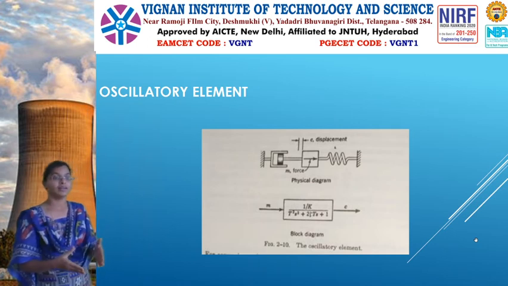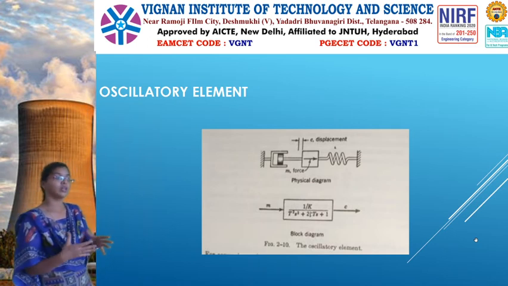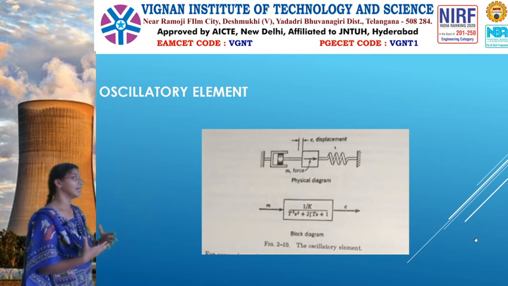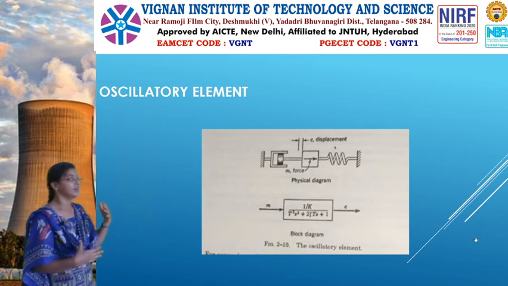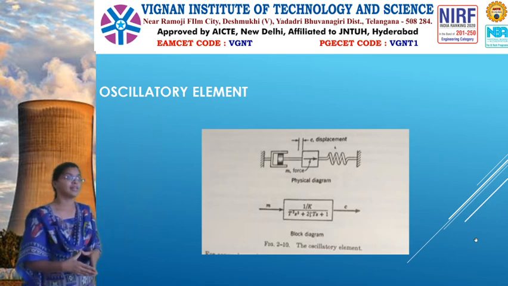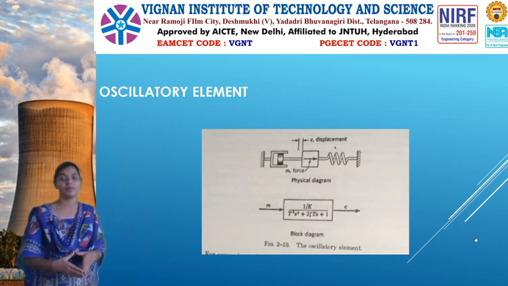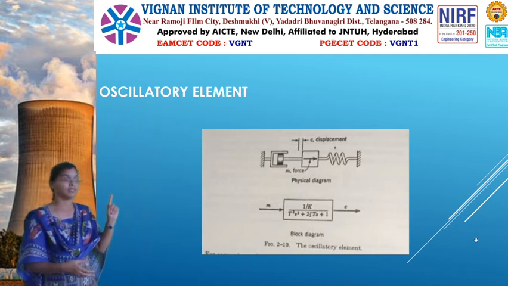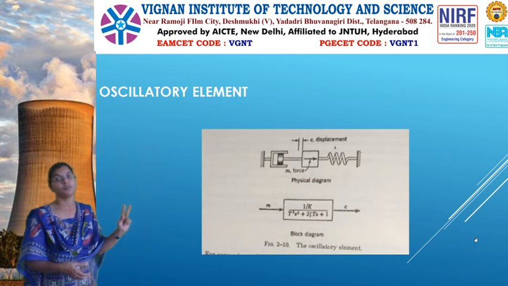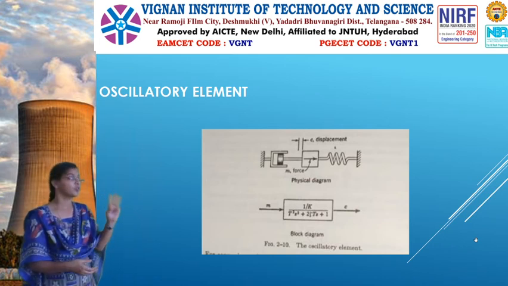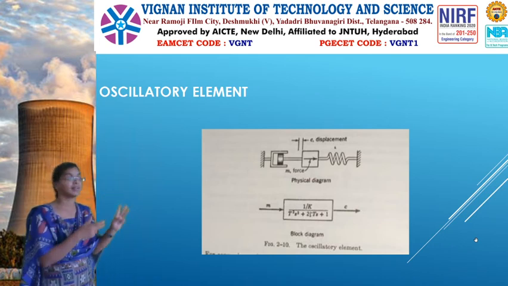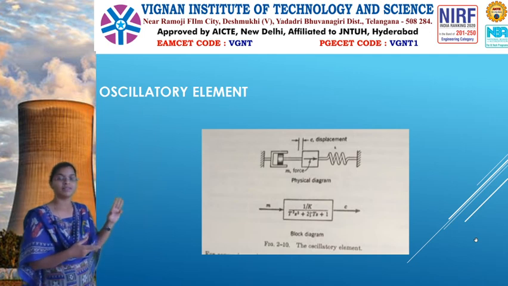Here we are going to join all the mechanical translational elements, and that will act like an oscillatory element. What are the mechanical translational elements we have? Three: the spring, the dashpot as well as the mass. If we combine these three elements as shown in the figure, that will act like a second order system.